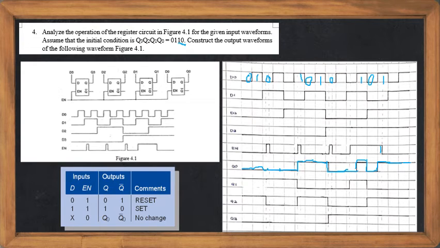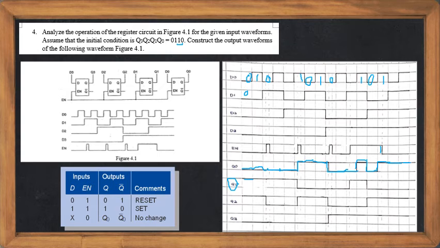The output of Q1. The initial of Q1 is high, equal to 1. So when D is 0 and enable is 0, it will be no change.